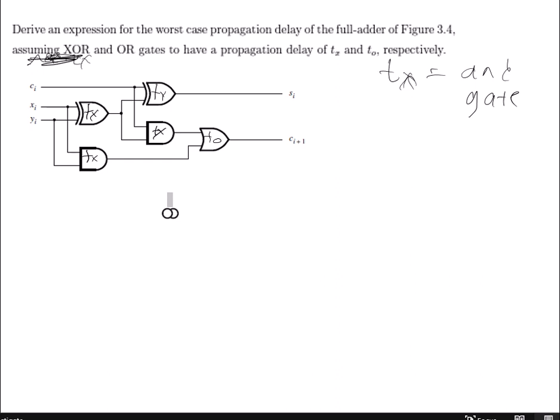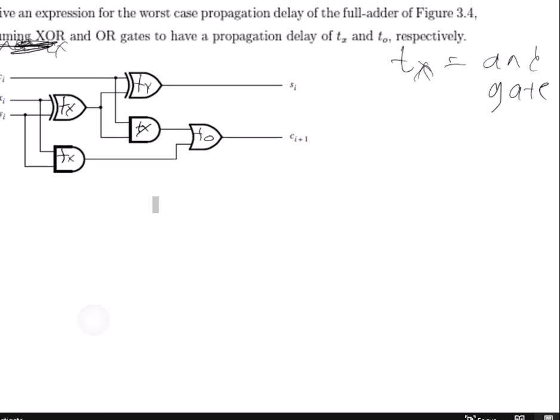Okay, now I'm going to call this location U, and I'll call this location W, and I'll call this location V. So those are all of the stops along the way.